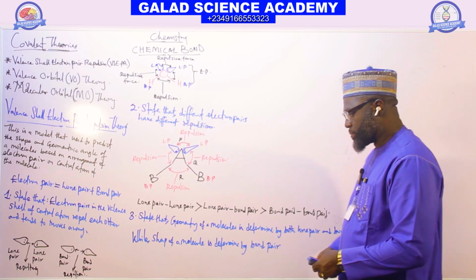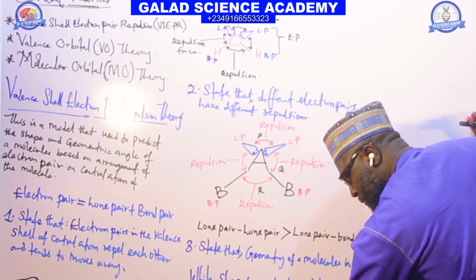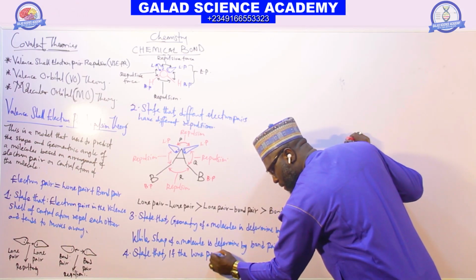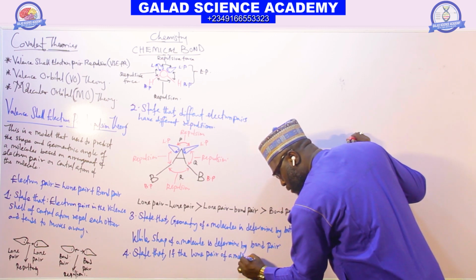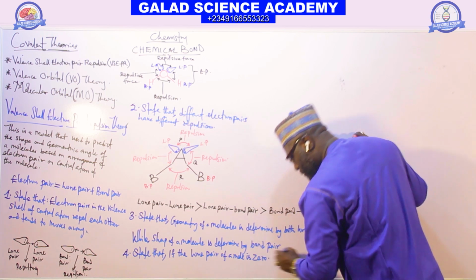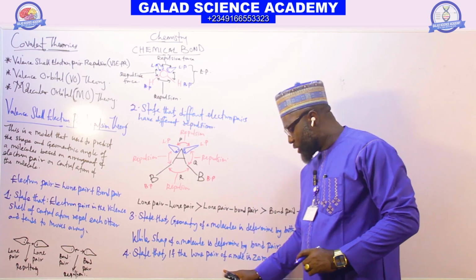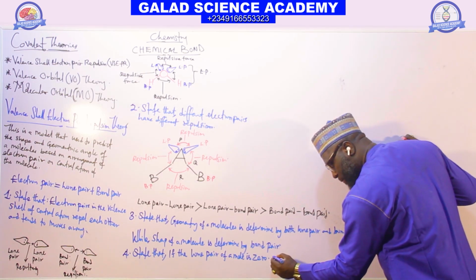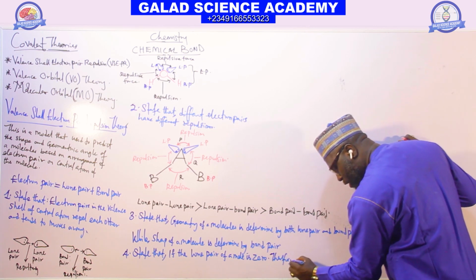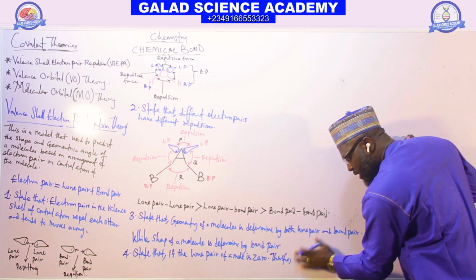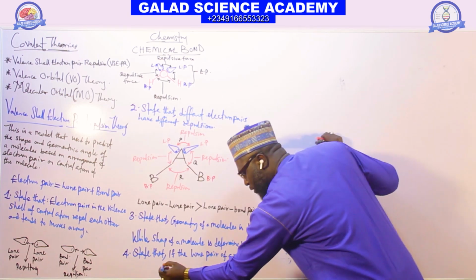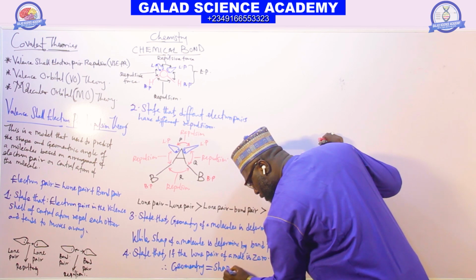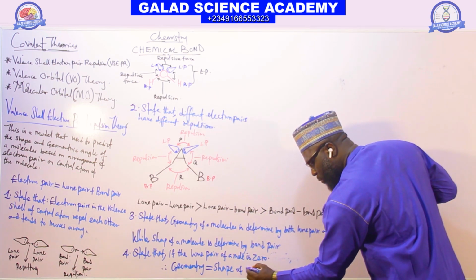So the fourth rule says that if the lone pair of a molecule is zero, that is, a molecule without lone pair, therefore the geometry is equal to the shape of the molecule.